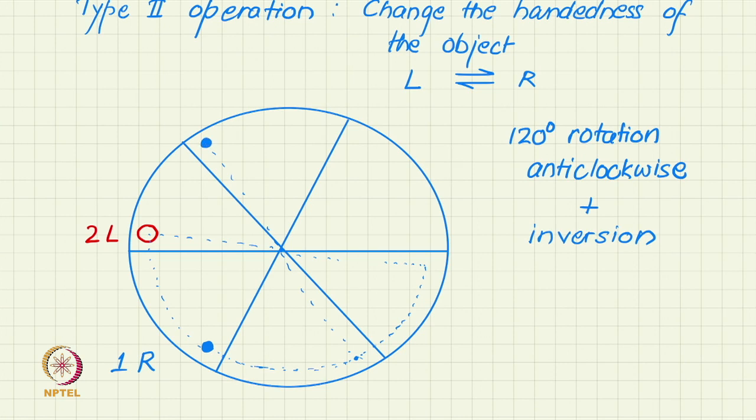So the next position is 3R there. So now you have got an idea. As I operate again, 4L will come there, 5R will be there, 6L will be there, and finally you will come back to 1R. So that will complete the operation.